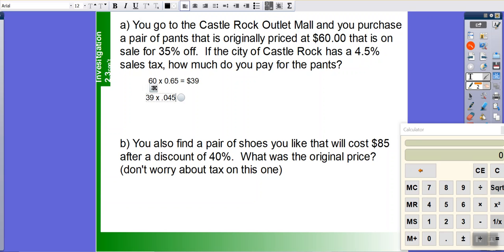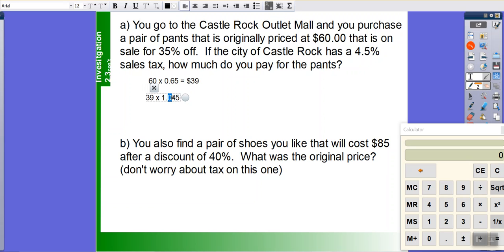But I know that if I multiply 0.045 to 39, I'm going to get an answer that is pretty small. That's just going to get me the amount of tax, right? So I really just want to do this in one step. So if I multiply 39 by 1.045, this 1 right here represents the cost of the pants, right? So that is the actual pants.